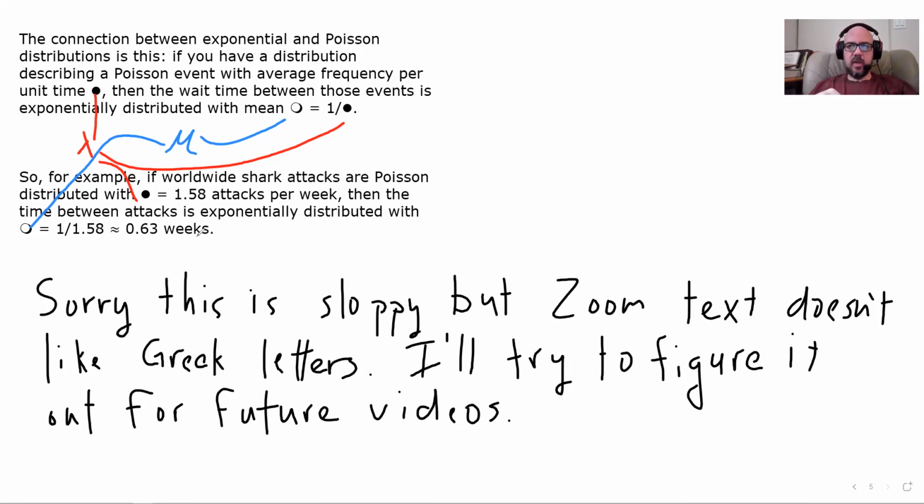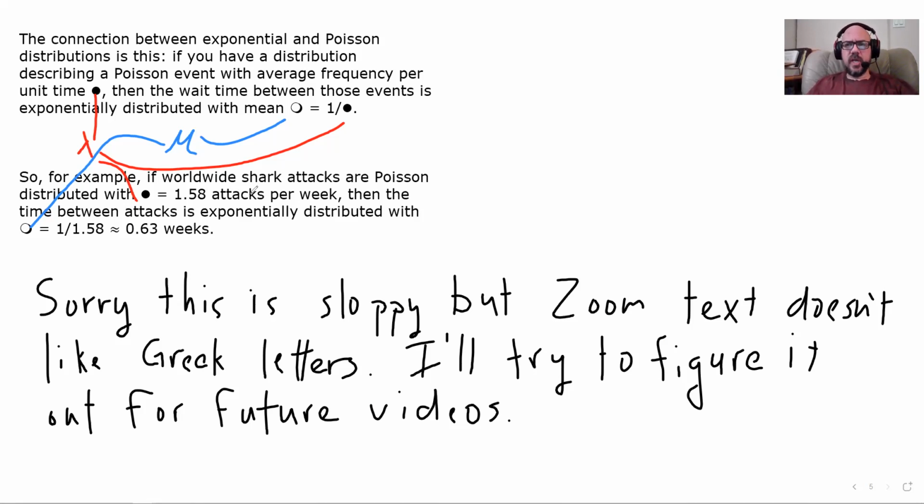The interesting thing here is that if the events themselves are distributed in a Poisson fashion, then the wait time between those events is distributed in an exponential fashion. So that's the connection Poisson has with exponential. It felt a little weird to talk about Poisson distributions without talking about exponential distributions. So we're doing both, and exponential distributions also give you some practice with the calculator and Sheets and whatnot.